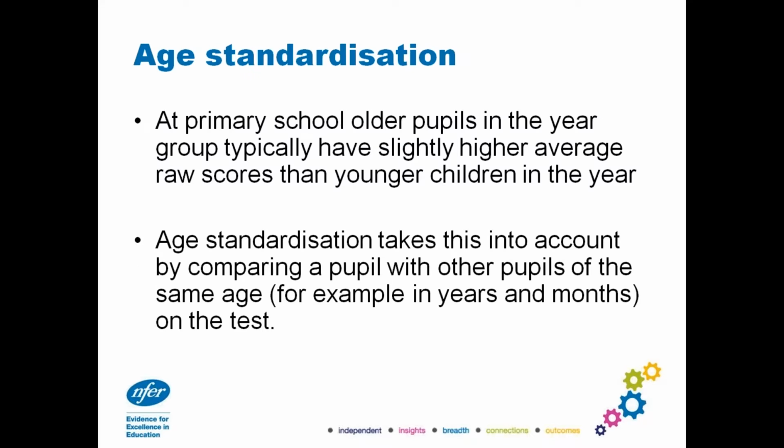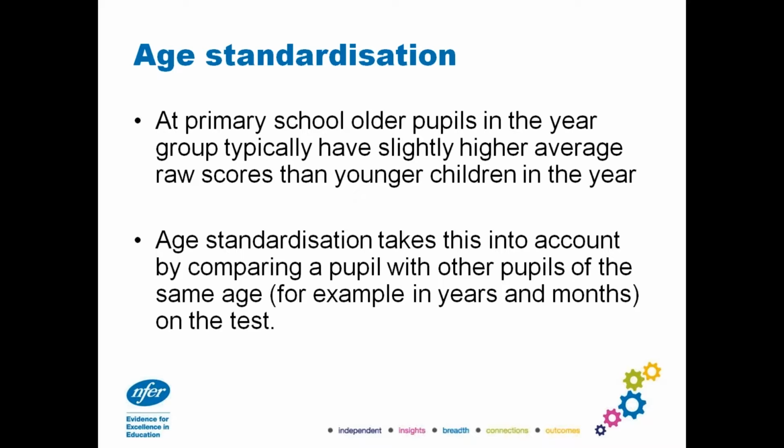So her performance in reading is higher than in maths. A feature of the NFER tests, and some other commercial tests as well, is age standardisation. So in primary schools, older pupils in the year typically have slightly higher average raw scores than younger children. They're that bit more mature, that bit older. So age standardisation can take into account the difference in age between pupils in the same year group by comparing pupils with other pupils of the same age.